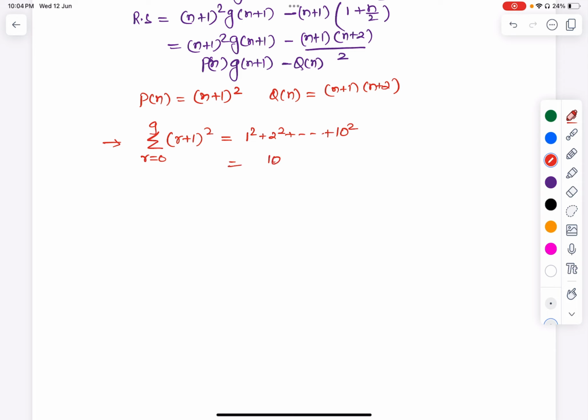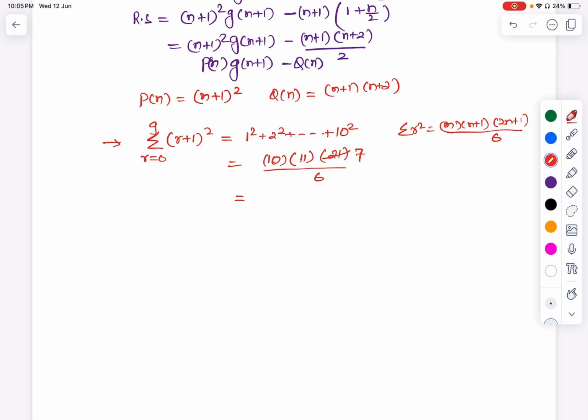So that is n into (n plus 1) into (2n plus 1) by 6. This summation we are basically using, if we put n value 10, n plus 1 is 11, then 2n plus 1 is 21, whole divided by 6. So this we can solve. This is 7, this is 3, this is 2, and this is 5. So what we are getting is 35 into 11. 35 into 11 is 385. So this is the value.